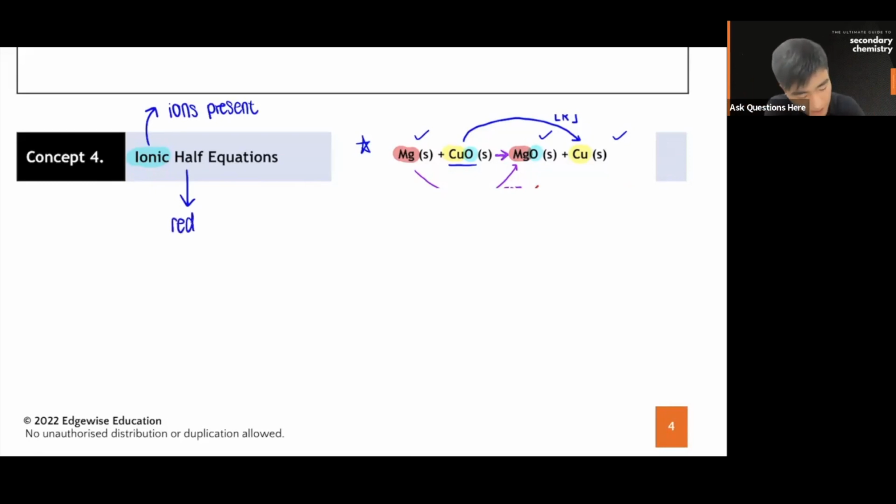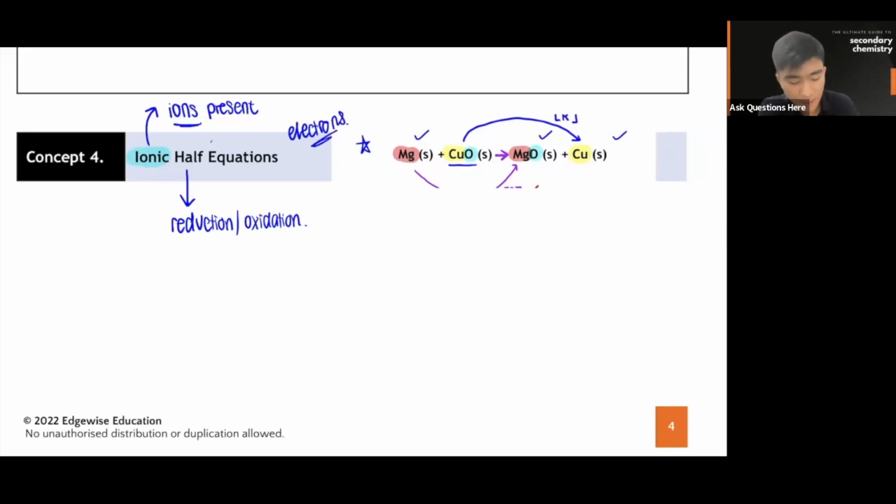So a reduction reaction or oxidation reaction. And there is also something that you want to take note of, which is since there must be ions present, there must always be electrons as well.